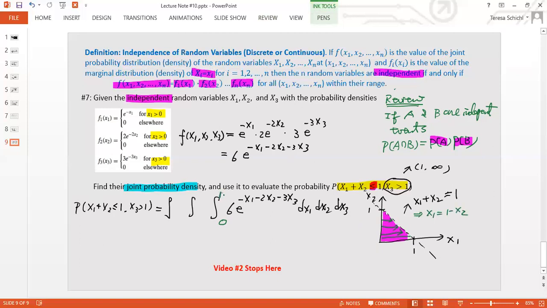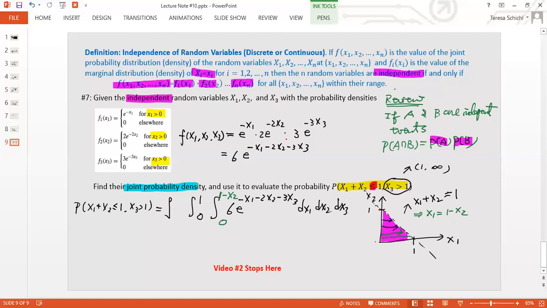So they integrate to 1 minus x2. Cool? Okay, so after you finish this direction, then your x2 is basically what? Well, basically 0 to 1 here, right? Take a look here. So the x2 just varies from 0 to 1.